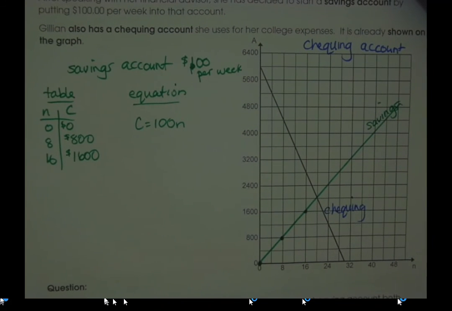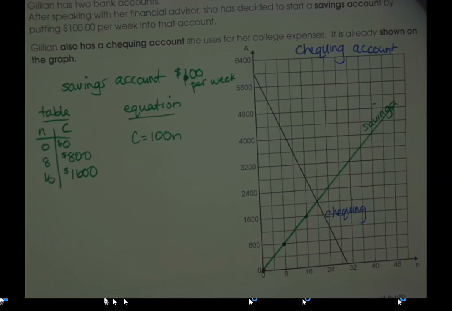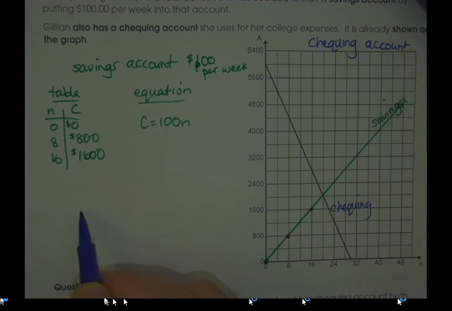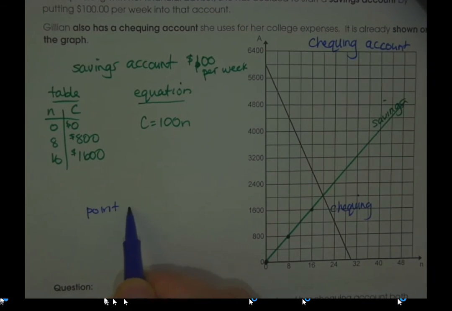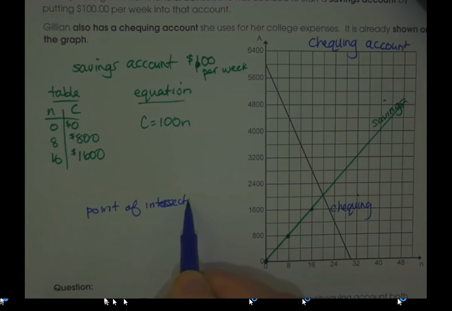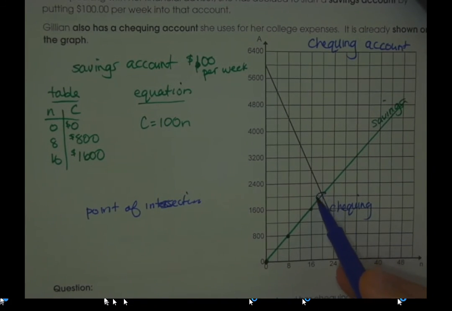All right. So you'll notice there that now we have both graphs on there. We can take a look. All right. So we needed to find the point of intersection. All right, point of intersection is there.